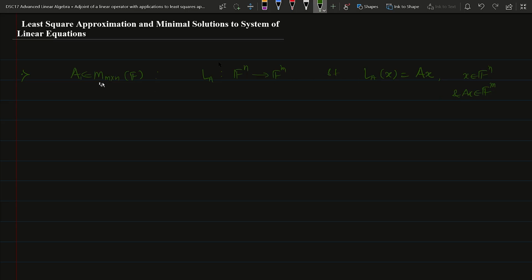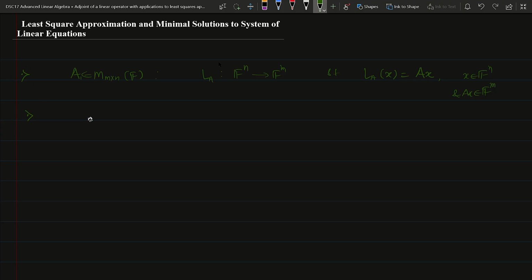So when we talk about the range of this matrix A, that is similar to the range of this linear operator LA, and that will be a subspace of Fm. If we talk about the kernel or the null space of this linear transformation, then that will be a subspace of Fn. Okay, we are going to use this.